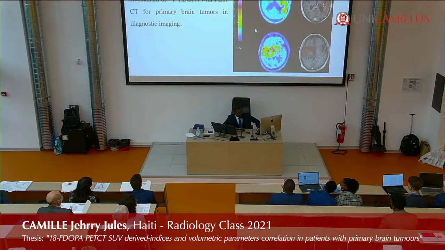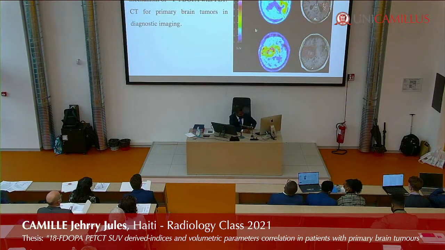In this image, there is uptake of 18F-DOPA PET in the basal ganglia and tumor boundaries.